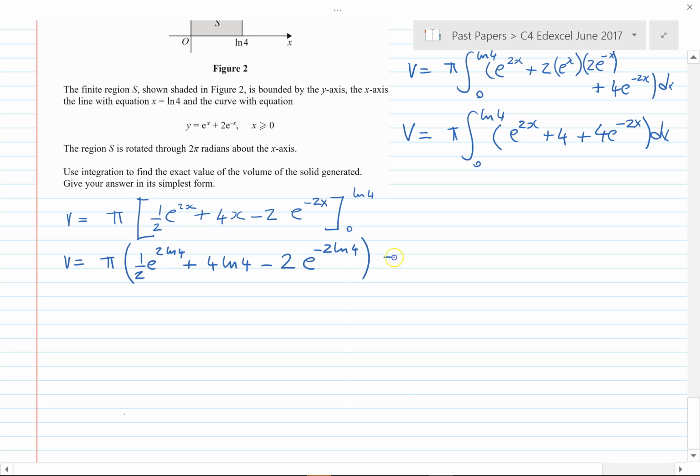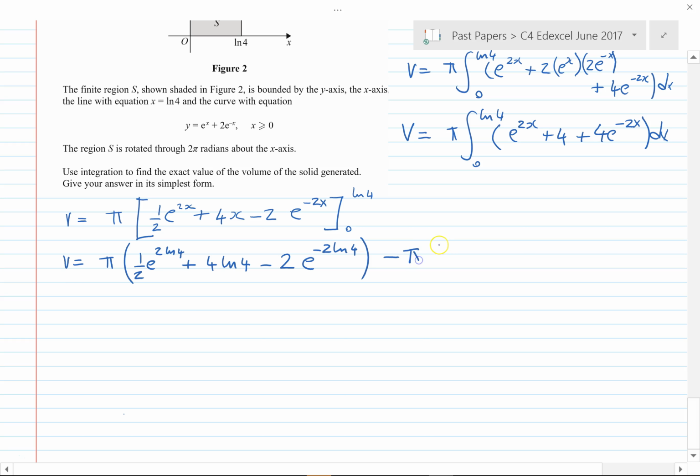Of course, pi is times by the whole thing, so let's take away pi. Now putting the 0 limit in. Don't really need to put everything in like this, but it's taking a bit of care really. So 0 into the final bit here.